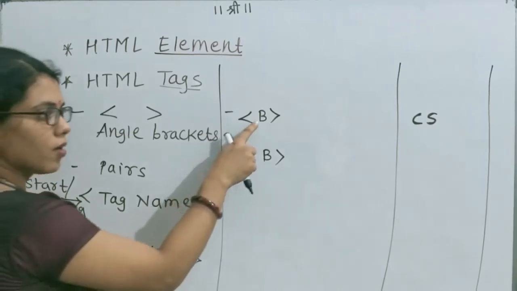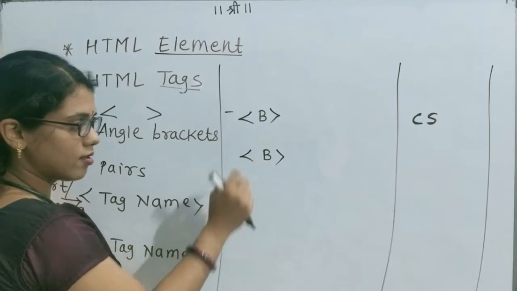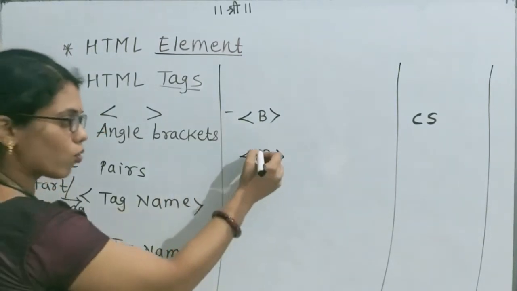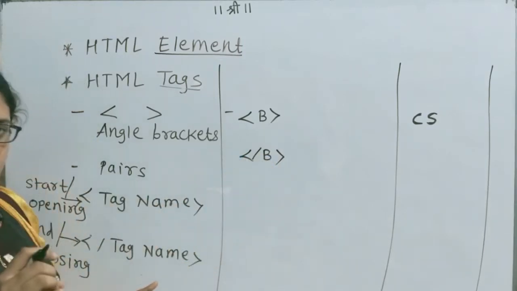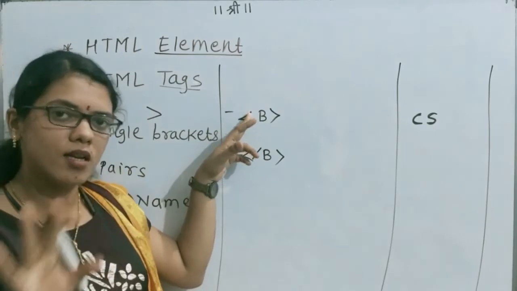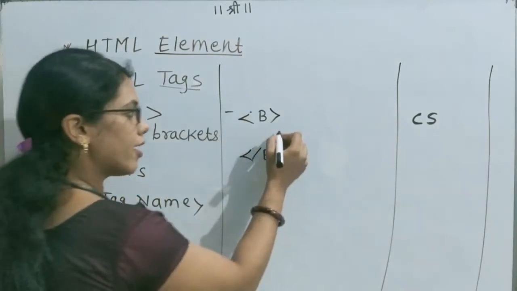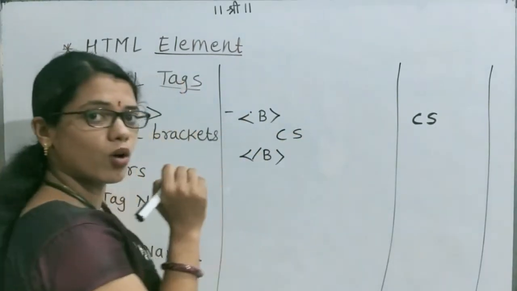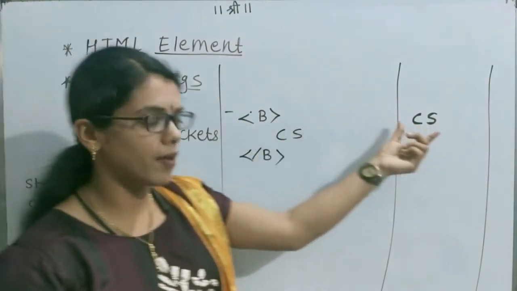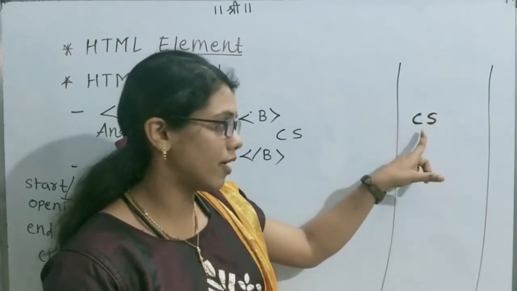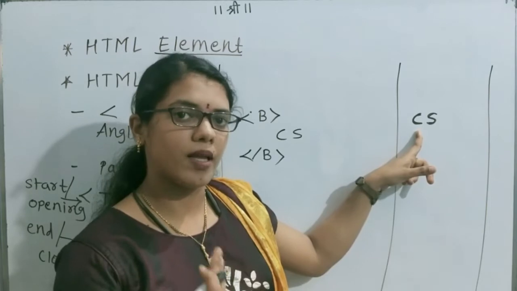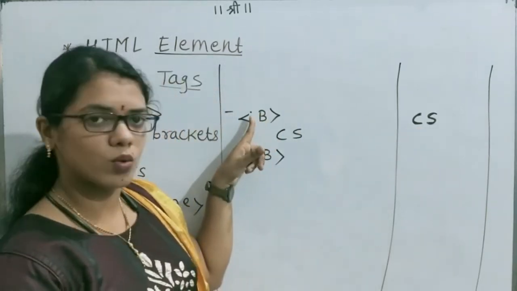See here, both tags are completely the same, but the second tag has a forward slash which represents that the effect of the first opening tag is completely stopped. So here we are writing CS text in a normal form. This CS is ordinary text, but in a website, in an output, we get that CS text as extraordinary text by applying the effect of the first opening tag.